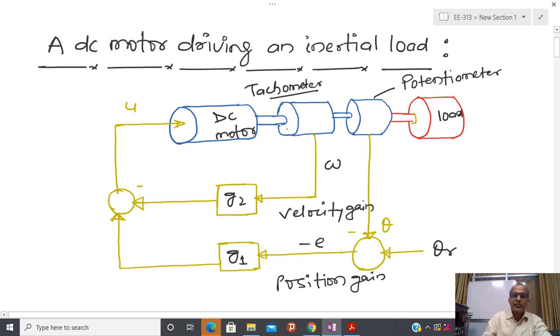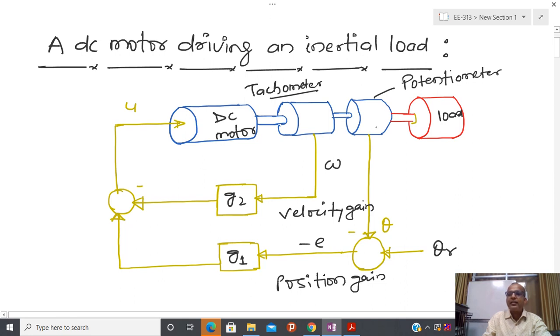I have a DC motor here, and you can see I have two different sensors. One sensor is called a tachometer, which measures the angular velocity of this motor. After that, we have a potentiometer that measures theta, the position of this arrangement.